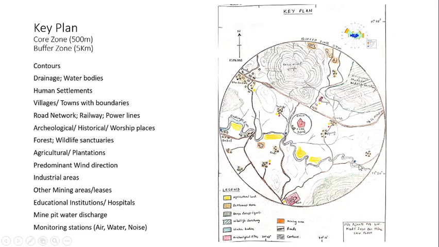For example, wherever the river enters your buffer zone, and when it is very close to your mining lease, and when it goes out of the buffer zone, all these points, any other water body like this spring or wells around must be sampled for quality and checked regularly.